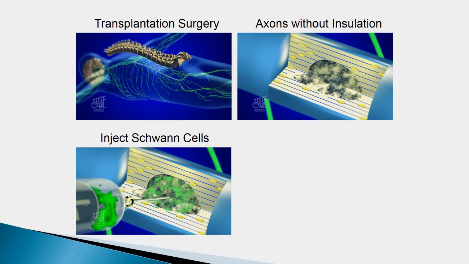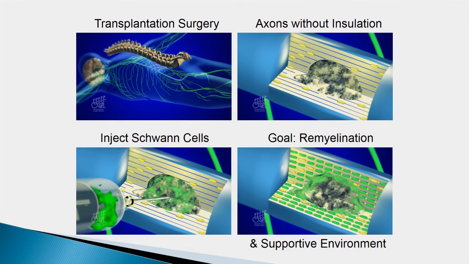The cells are injected into the center of the injury, and the goal is that they will stay around there, and also that some of the Schwann cells will form myelin around the injury-spared axons that have lost their myelin, and try to create a remyelinated and supportive environment for improved connections.